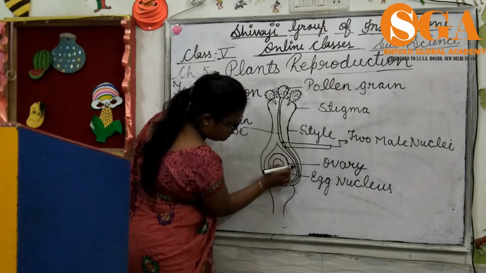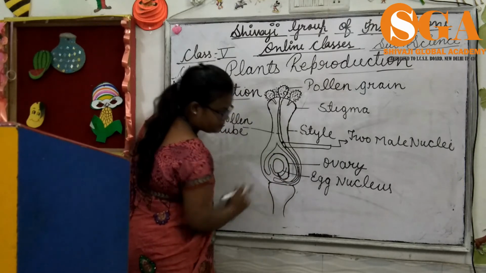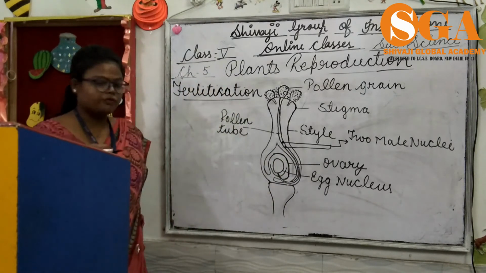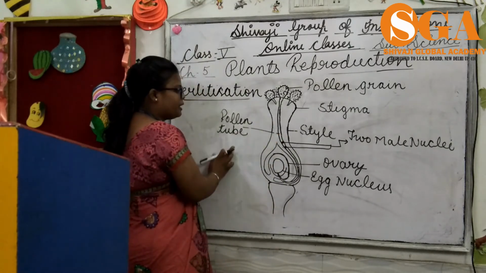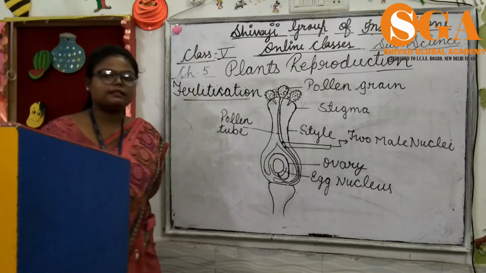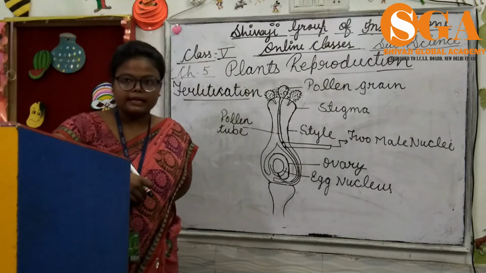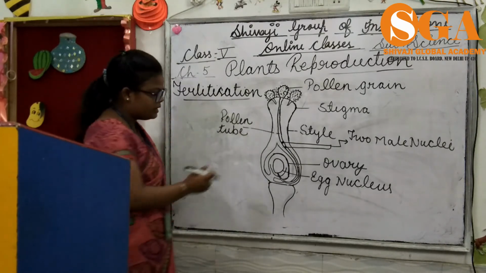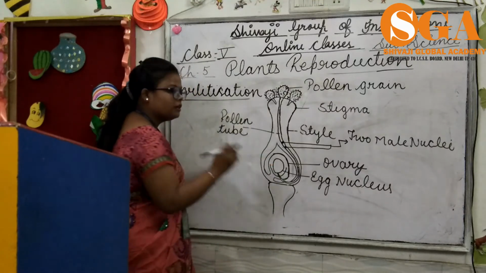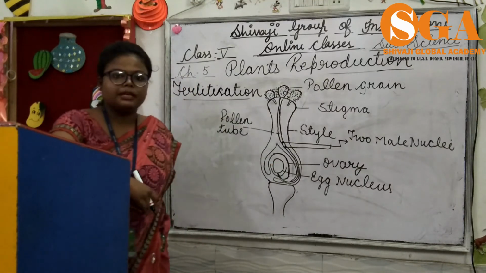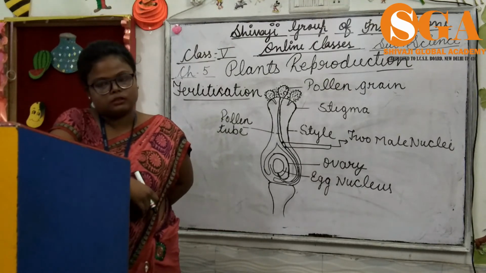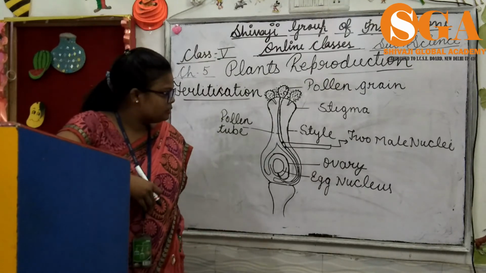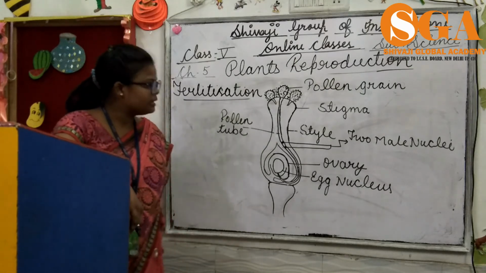As you see, this style enters the ovary. In the ovary eggs are present, and the pollen tube is a carrier of male gametes. So finally, when male gametes fuse with the female gametes, this complete process is called fertilization.